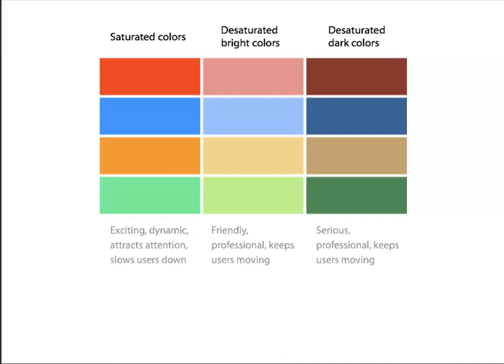Desaturated colors, which are on the darker spectrum and do have black added to them, are seen as more serious, more professional. If you've ever been into serious libraries, they will be darker in colors. If you've been into a law office, their walls will not be hot pink. They will be darker tan, dark blue. Their furniture will be mahogany, this dark color, right?